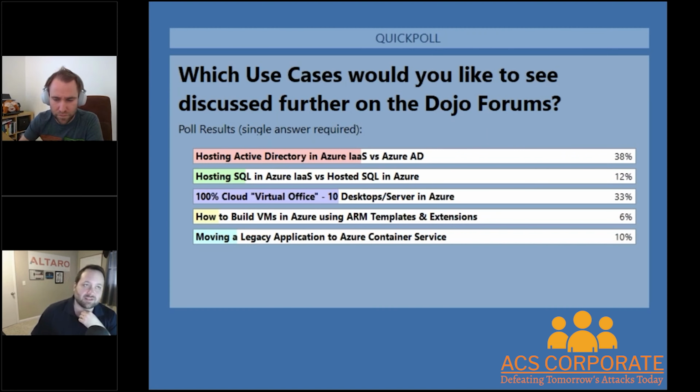So if you have a small business that wants to run virtualized desktops in the cloud and maybe a couple of servers, what does that look like? Is it possible? And the third one was hosting SQL in Azure IaaS versus hosted SQL in Azure PaaS. That'll be an interesting one to talk about as well. We'll be getting those up as discussion threads on the forums in the coming week or two, so be on the lookout for that.